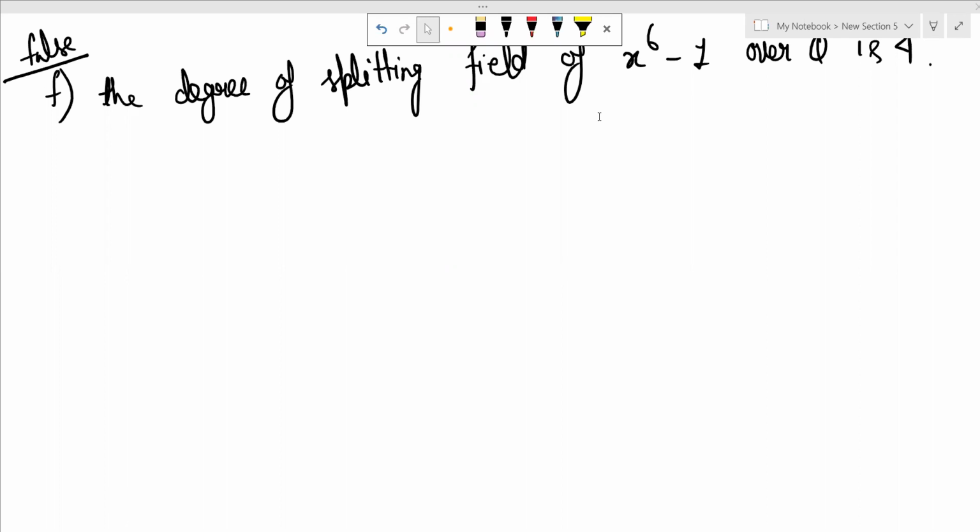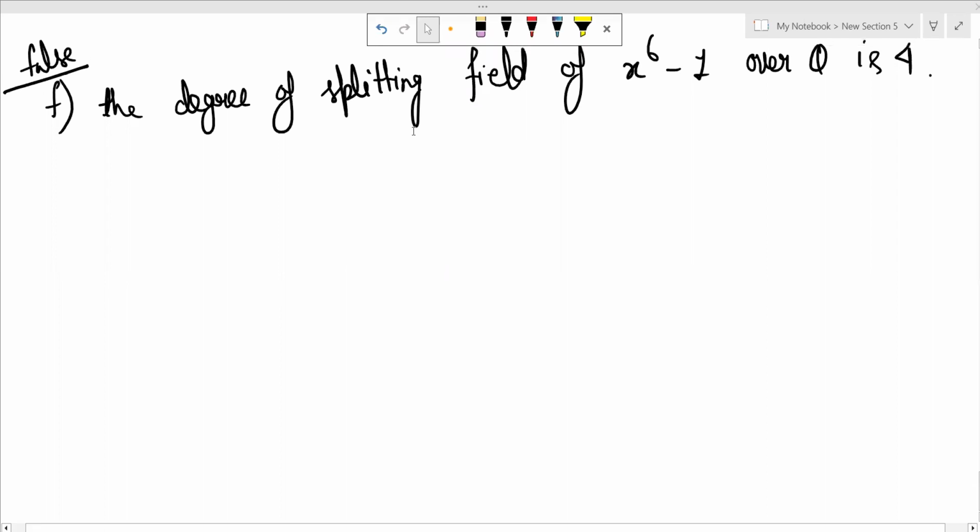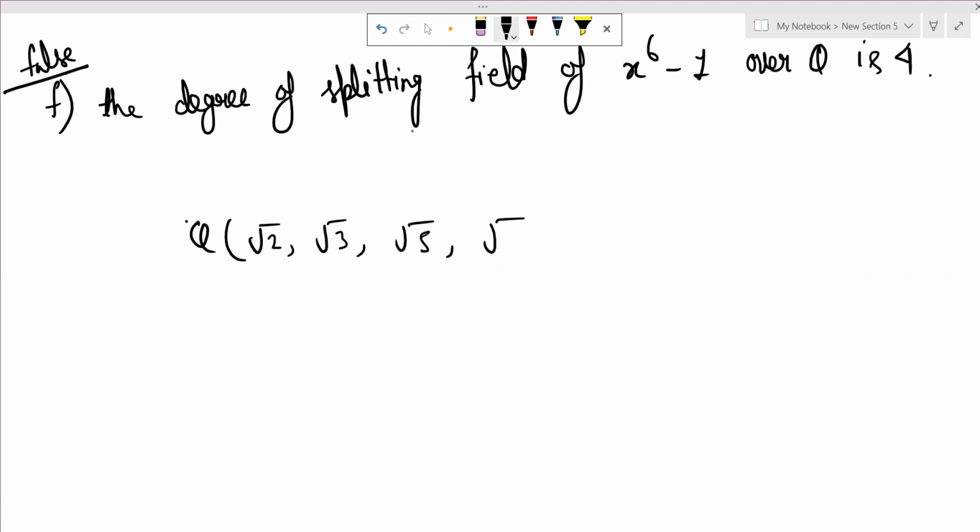Sir, please explain why C over Q is infinite. Infinite field extension, yes, sir. Why? Okay, tell me. What is the degree of extension of this field Q adjoined root 2, root 3, root 5, root 7, root 11, root 13, and so on?